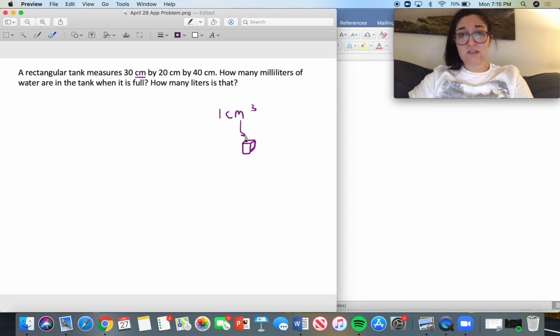It can fit exactly 1 milliliter in. So if I have 1 centimeter of something, it can fit 1 milliliter.